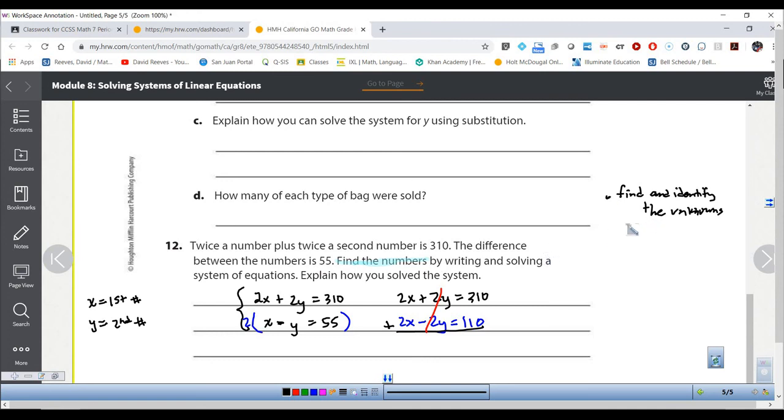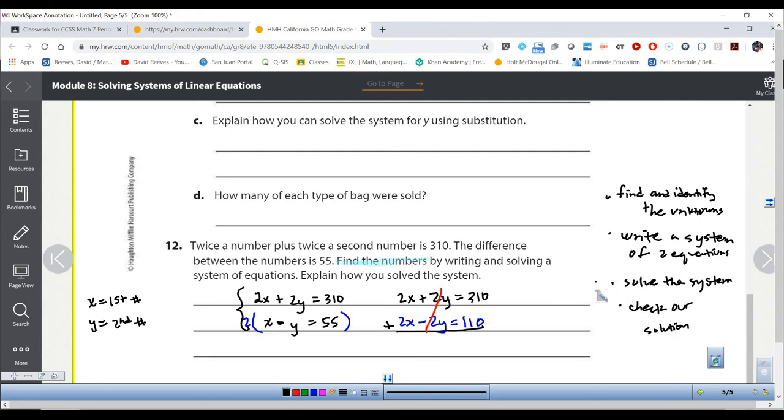Usually at the end of the problem, right? Then we write a system of how many equations have we been using? 2 equations, right? And then finally, we solve the system, and then we check our solution, okay?